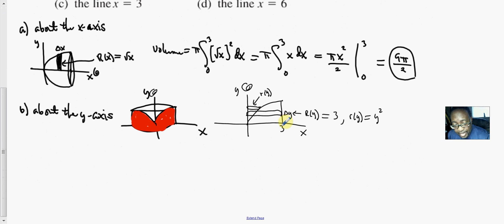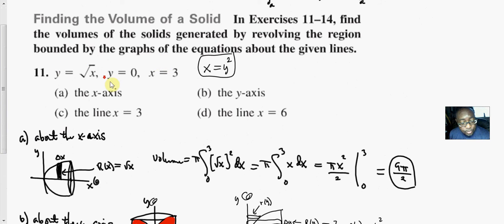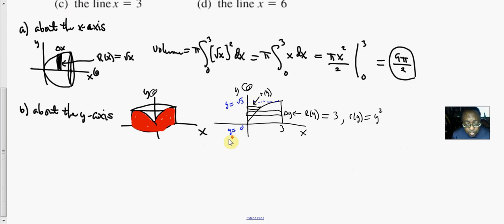Now, if x is 3, then with respect to y, that means that y is the square root of 3. So we're evaluating here from 0 to the square root of 3 for y. So we set this volume equation up.